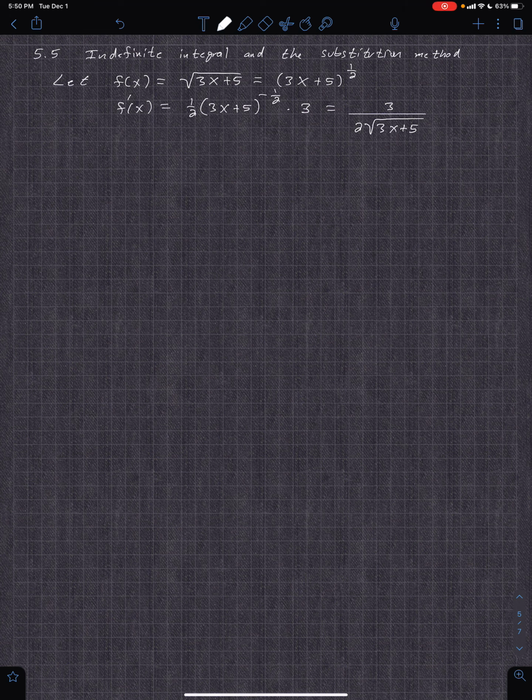So if this is your derivative, we want to be able to go to here. So we want to go from here to here. So how would you do that? So let's look at another example. So anyway, that's what we're going to do. We want to try to go backwards and figure out some techniques to go from this to here.